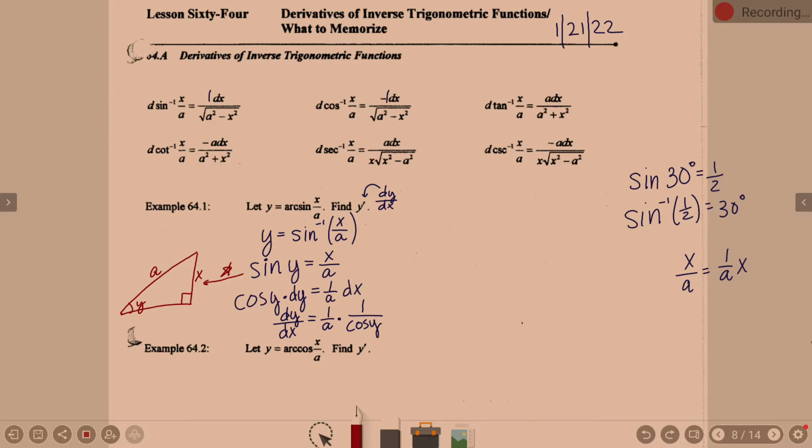Now, we need to know, to fill in down here, cosine of y. Cosine of y is going to be adjacent over hypotenuse. But we don't currently have an adjacent side. How do I find the length of the adjacent side?